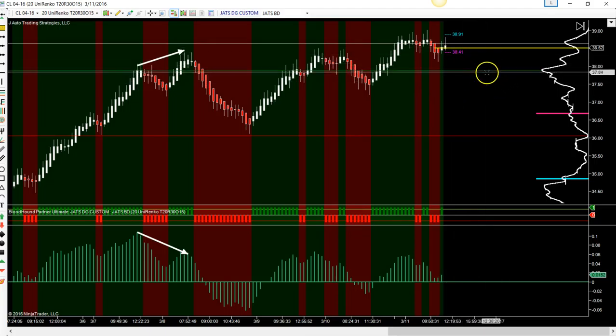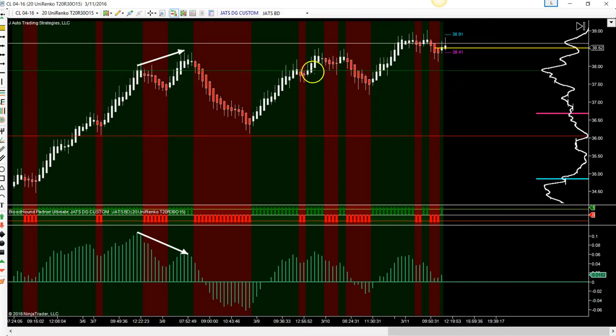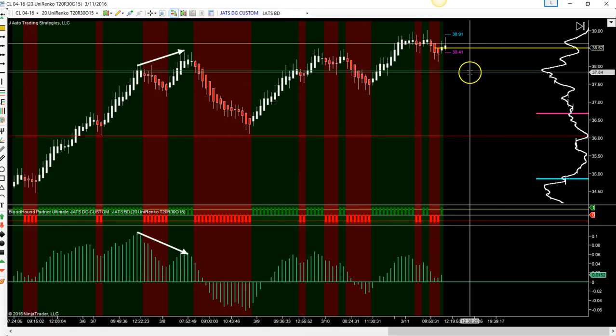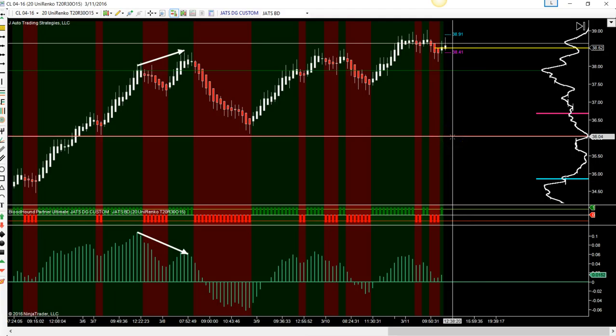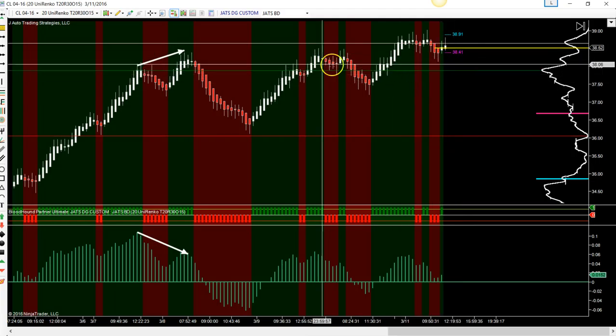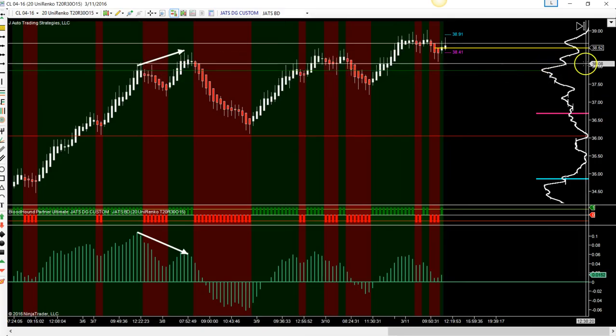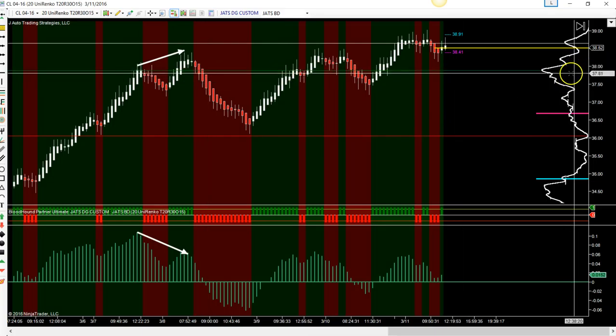And a high volume does not stop on a dime like the low volume does. A high volume area will go up and down over it. So don't use the high volume nodes as a line in the sand. Use the low volume nodes as a line in the sand. But the high volume nodes, it's just going to come here because that's where all the VWAP is, the volume weighted average price on these high volume nodes.